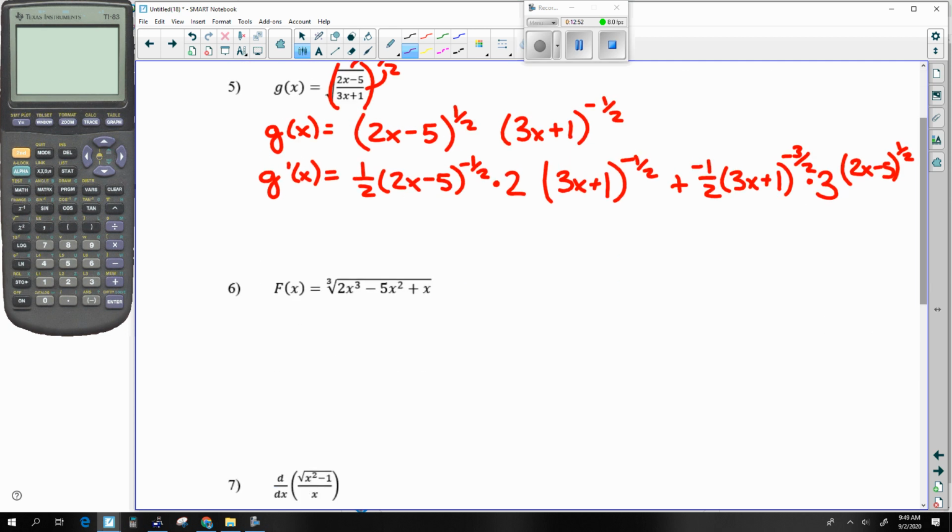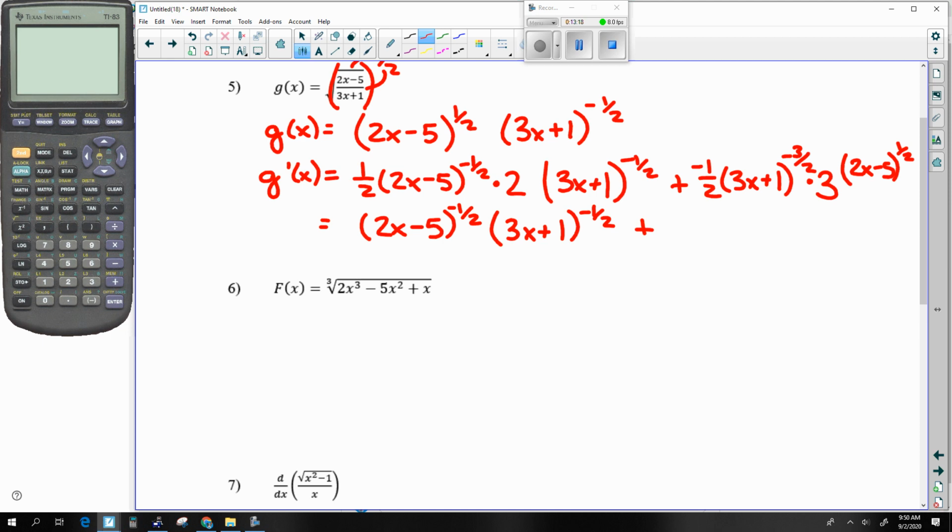Okay, cleanup process. All right, so things to the outside. Let's just start there. Things to the outside, I have a 1/2 and a 2, so that's a 1. So I have a 2x minus 5 to the negative 1/2, and I have a 3x plus 1 to the negative 1/2. So I have that.